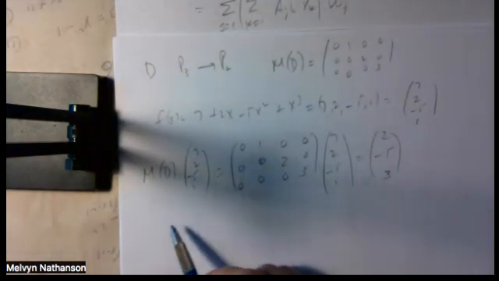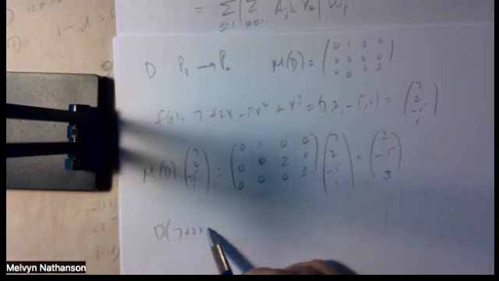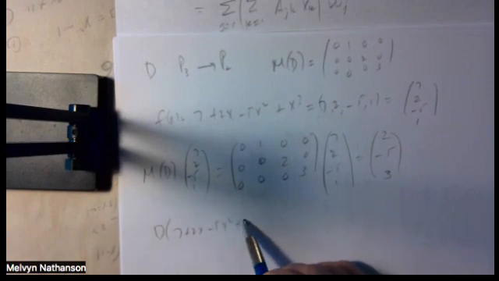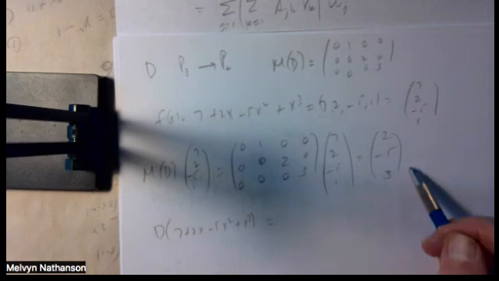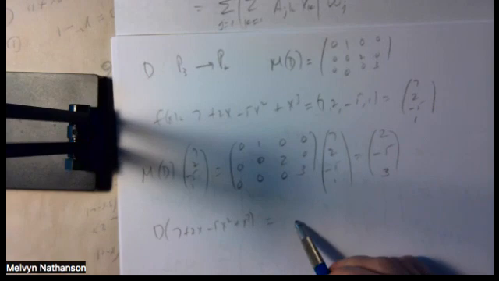So what this says is that the derivative of the polynomial 7 plus 2x minus 5x squared plus x cubed is, here the basis is 1, x and x squared, 2 minus 5x plus 3x squared.